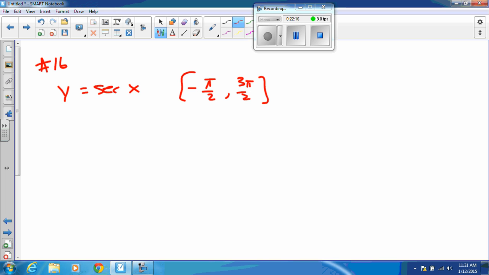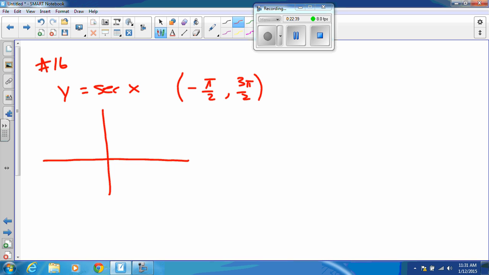This was problem number 16 from a couple of nights ago, and here we're asked to find the extrema and where they occur. Since this is y equals secant x, which is a familiar function to me, I think I had better graph it.